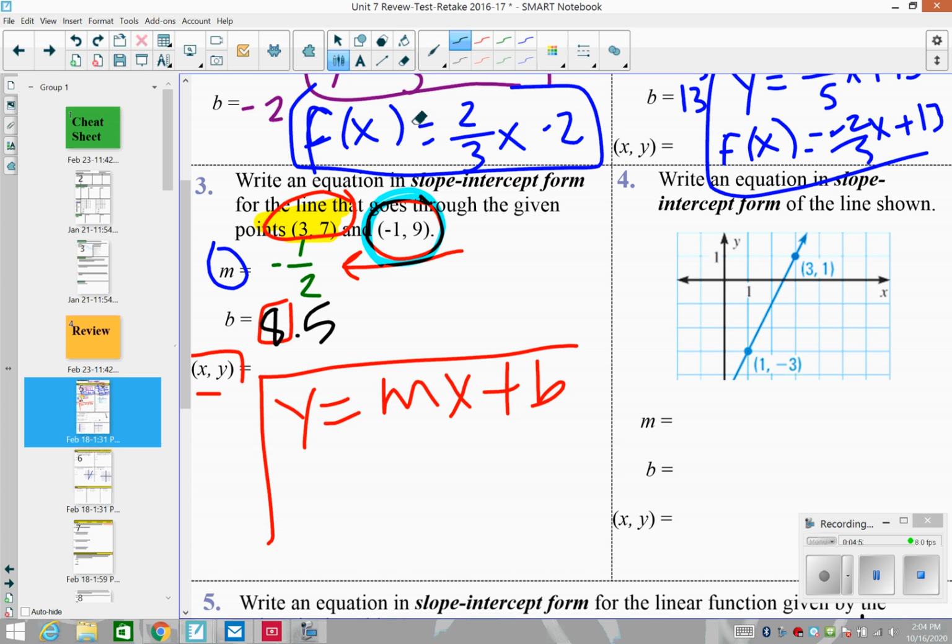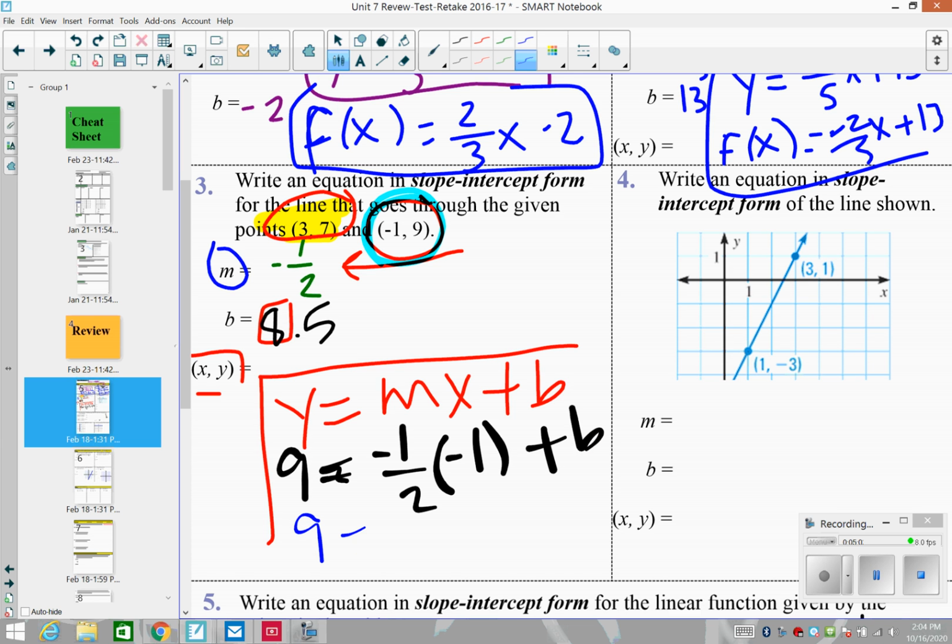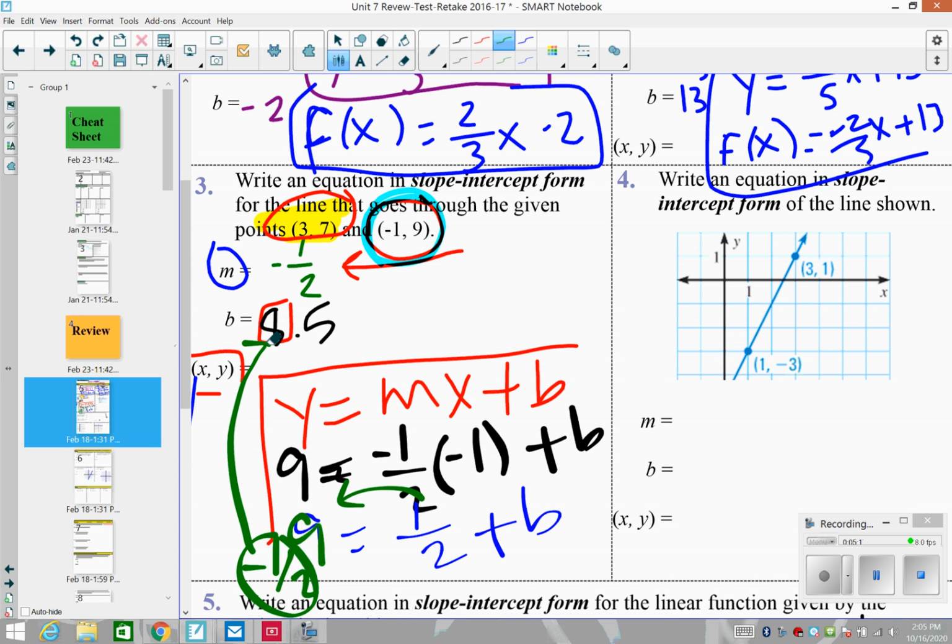So 9 is equal to, the slope is -1/2, the x is -1, plus b. So we get 9 is equal to +1/2 plus b. If we were to subtract the 1/2, 9 minus a half would definitely give me that 8.5, just the verify team there.